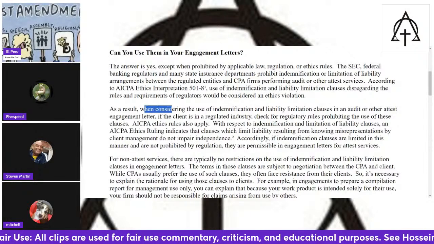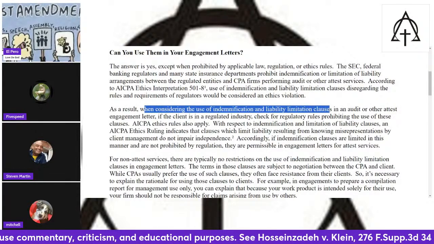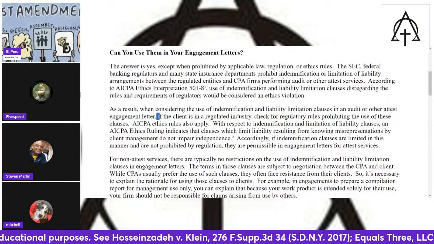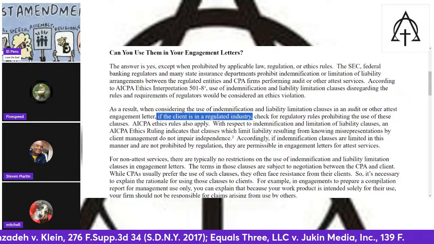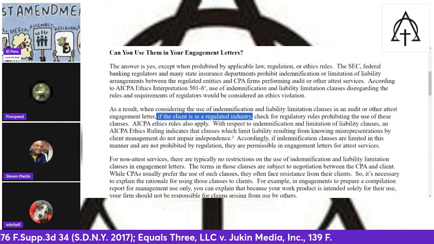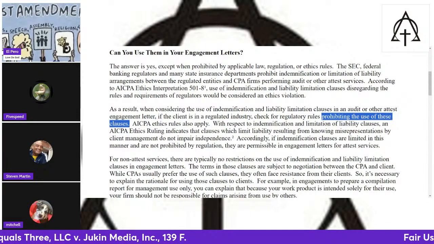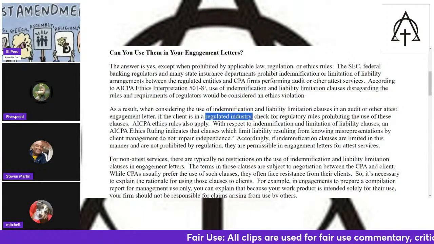As a result, when considering the use of indemnification and liability limitation clauses in an audit or other attest engagement letter, if the client is in a regulated industry, check for regulatory rules prohibiting the use of these clauses. So the prohibition of the use of those clauses is only if you're in a regulated industry.